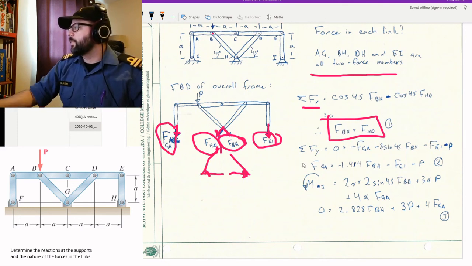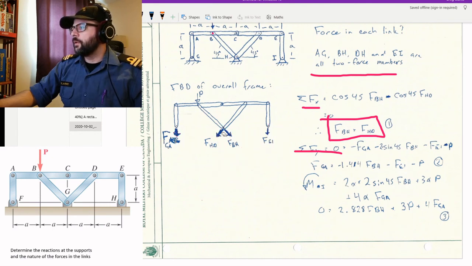And then next up, we can just sum the forces in the y direction. So we can go ahead and just sum forces in the y direction is 0. So we got minus FGA. Again, I'm using this property right here already.